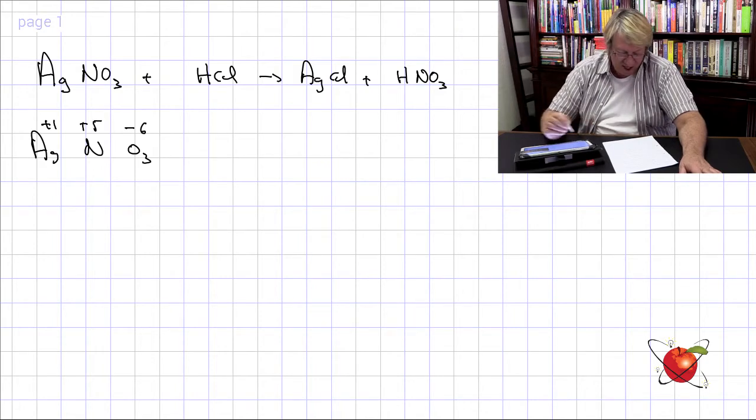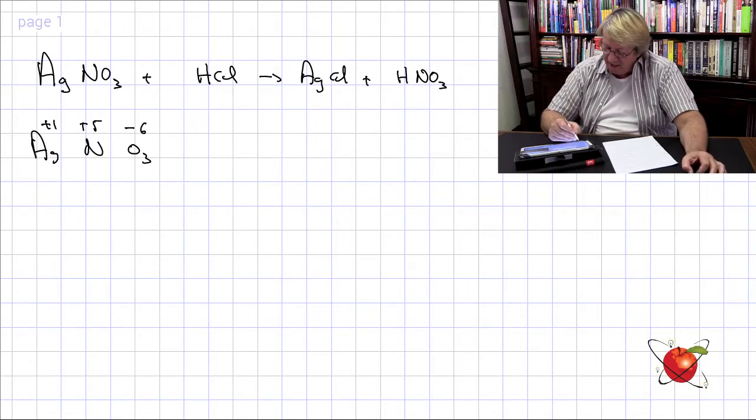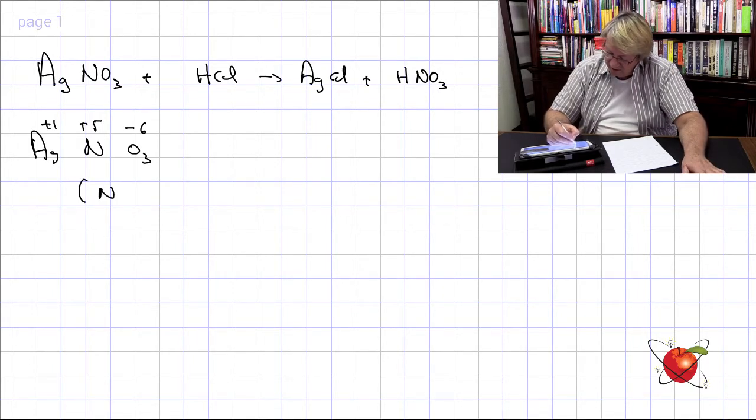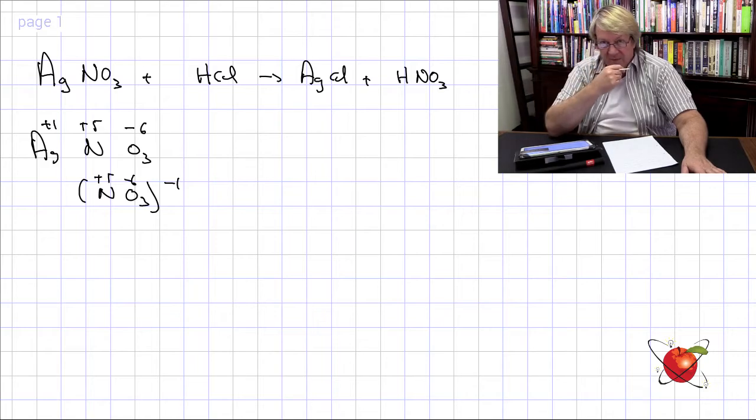There's our balance. Now remember, that's balanced out, but +5 and -6 leaves the -1 on the outside. That is the polyatomic ion, the NO3, which is -1.